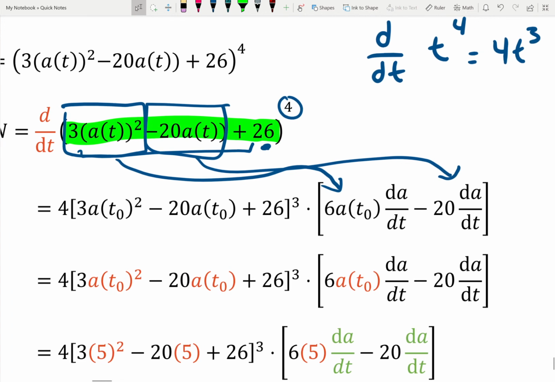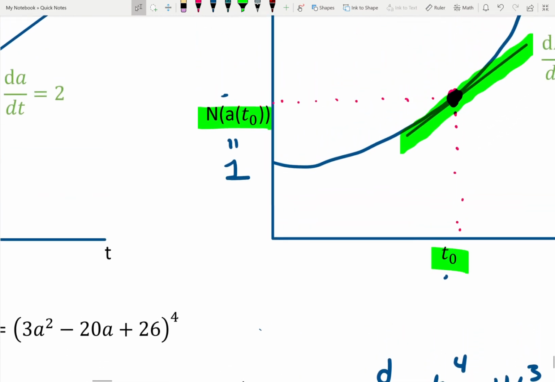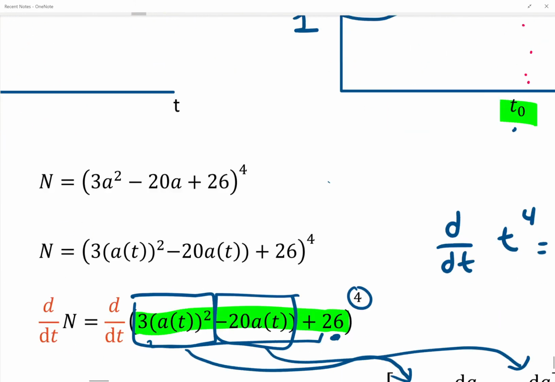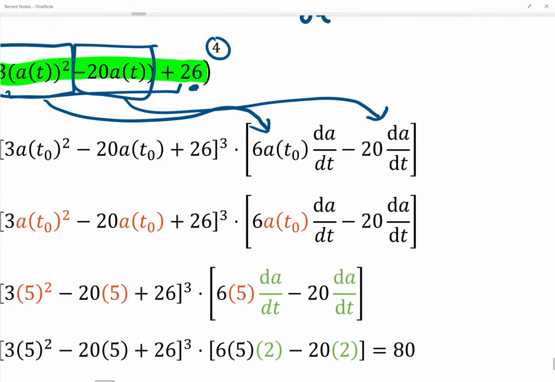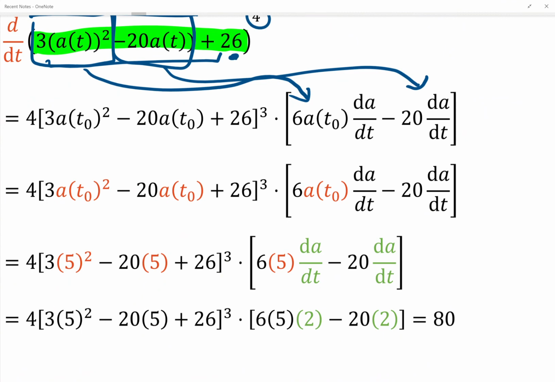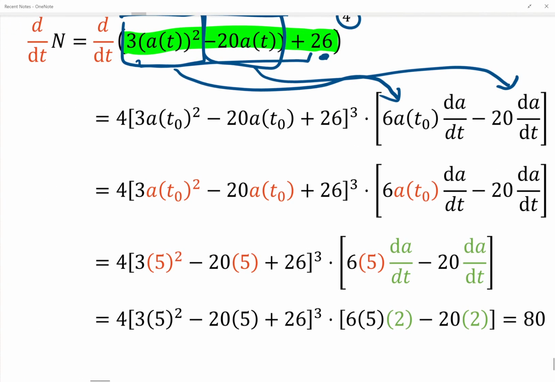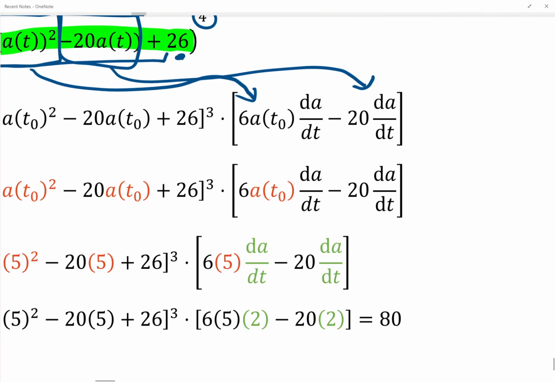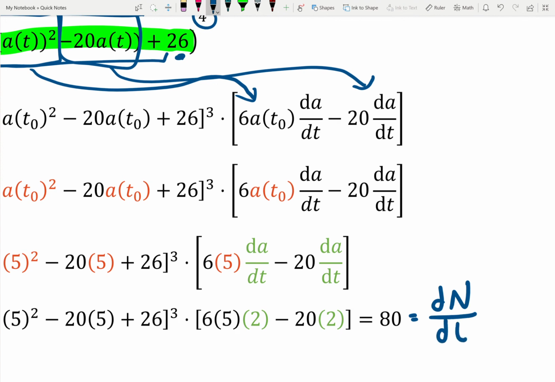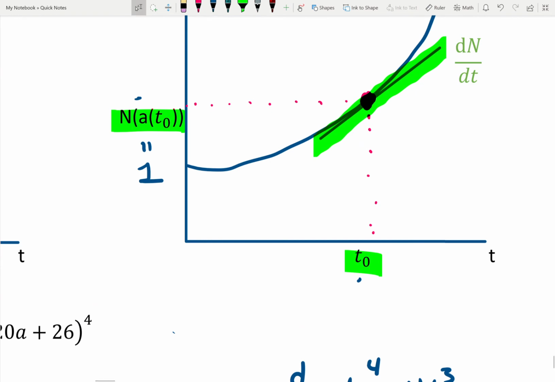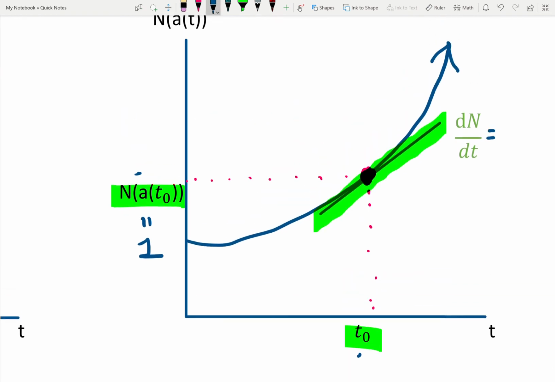It's the slope of this line. So we can fill in everywhere we see dA/dt with just 2. Now we have no more variables on the right-hand side, so we get that this whole thing, dN/dt, is equal to 80. That means the slope of this tangent line right here is 80.